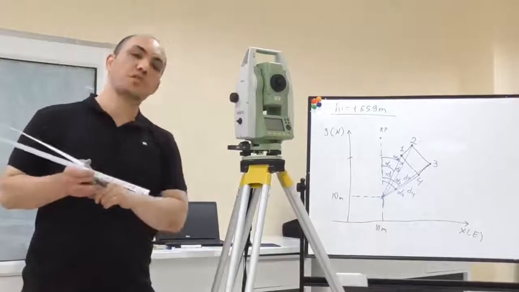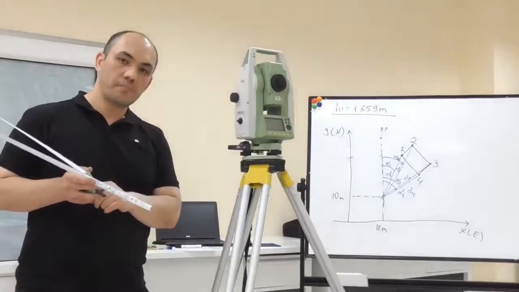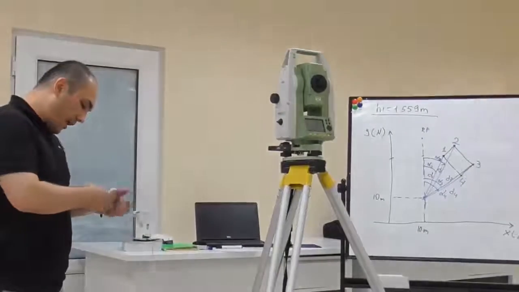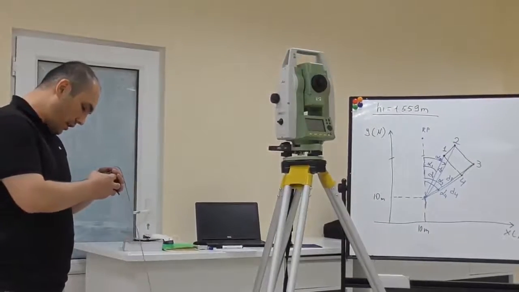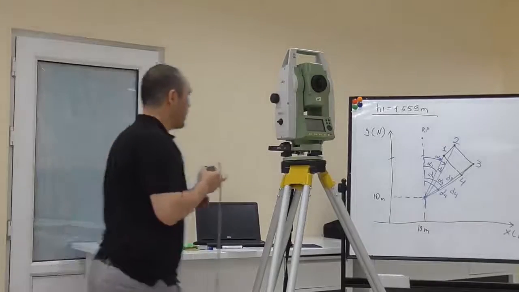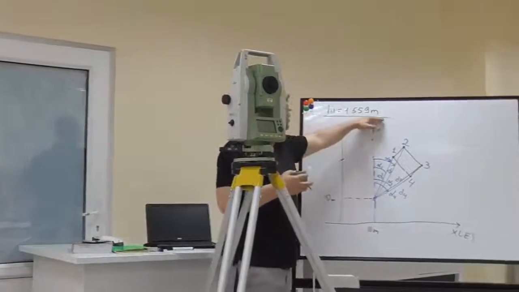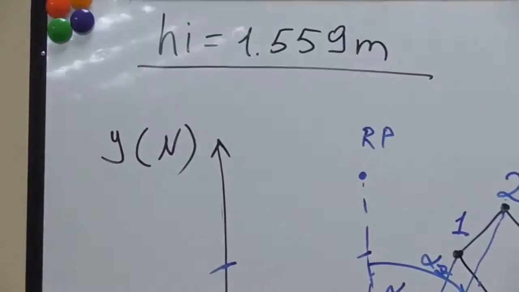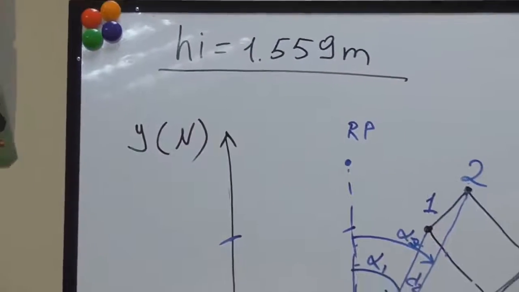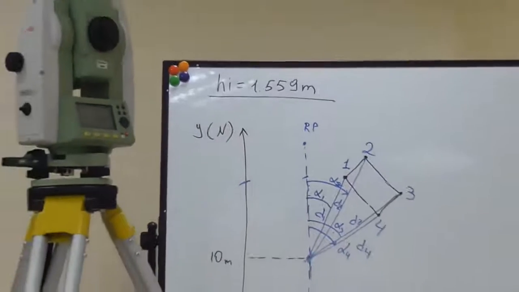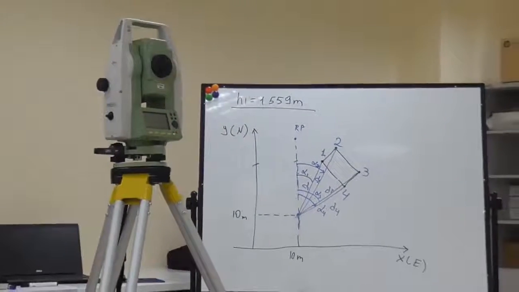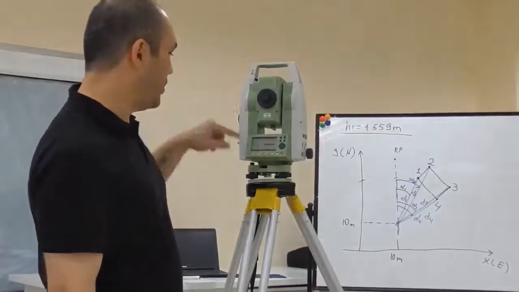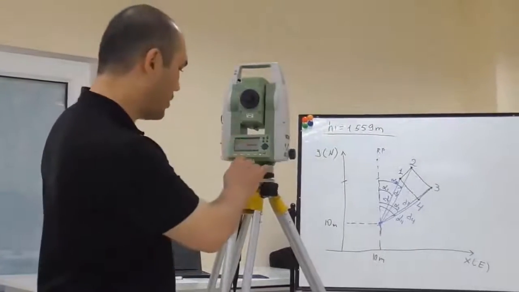This is the special ruler. Now I read the height of the instrument, and it is equal to 1.559 meters. Now I insert the height of the instrument in the total station.